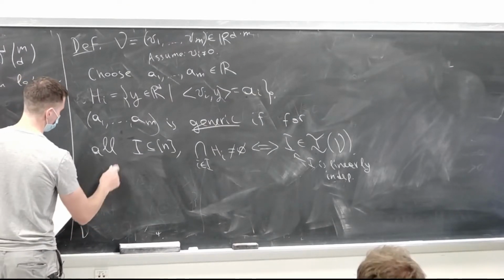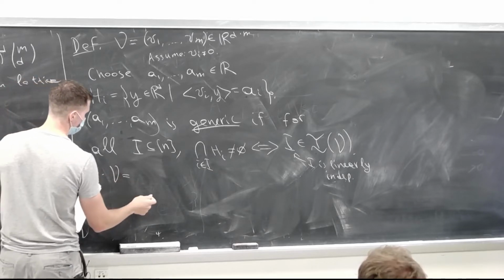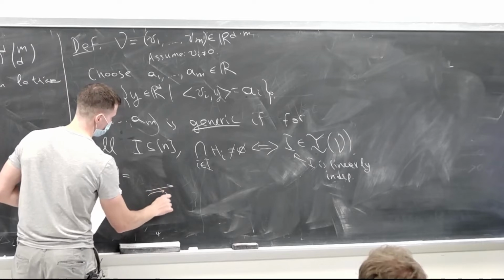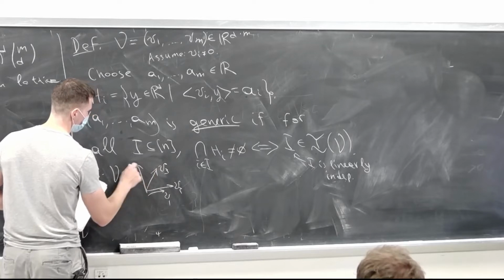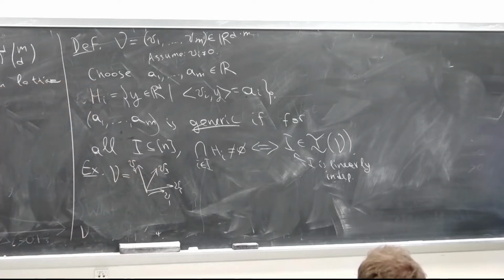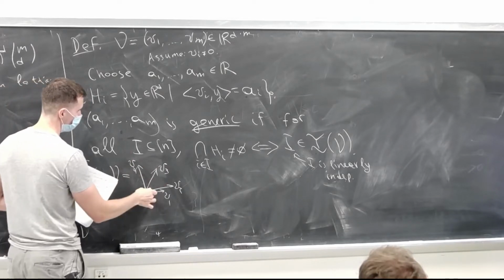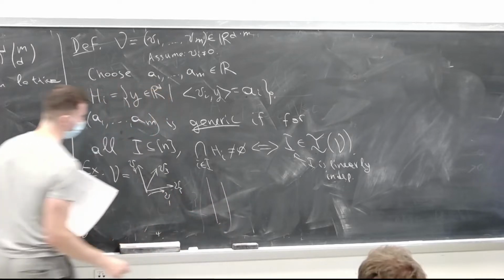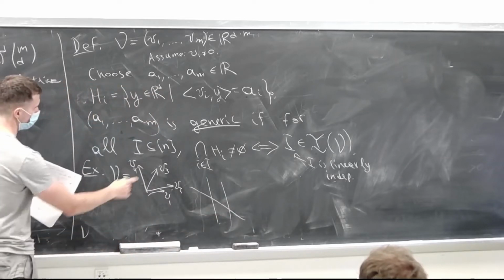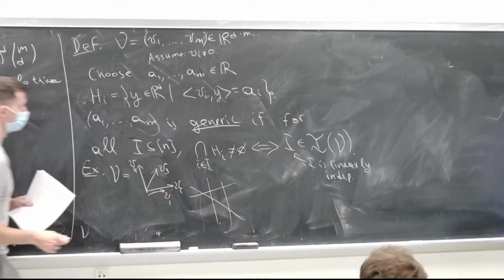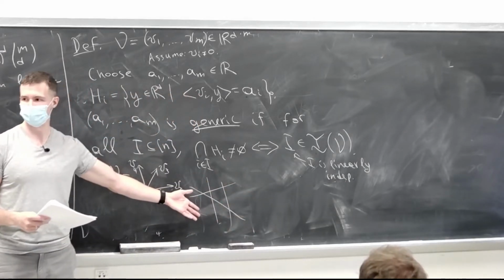Let's do an example. Say I have two parallel vectors V1, V2, and then V3 and V4, something like this. Then I take each hyperplane and shift them randomly. For V1 and V2, the two hyperplanes are going to be parallel. For V3, it's going to look something like this. And for V4, it's going to be horizontal. This is generic shifts.